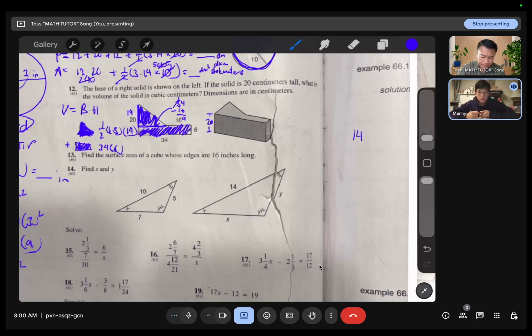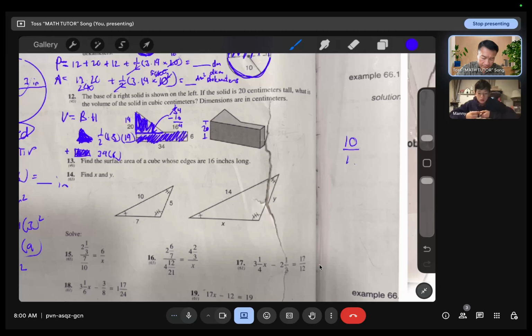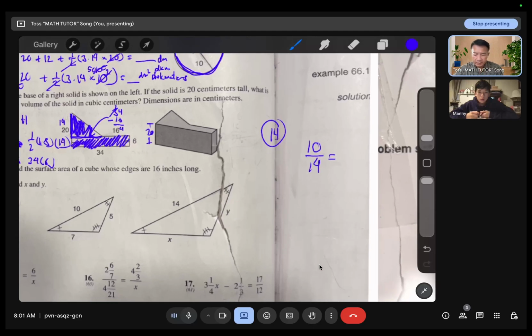Okay, looks good. Equals what? 10 over y. Not quite. 10 over 14, it's perfect.